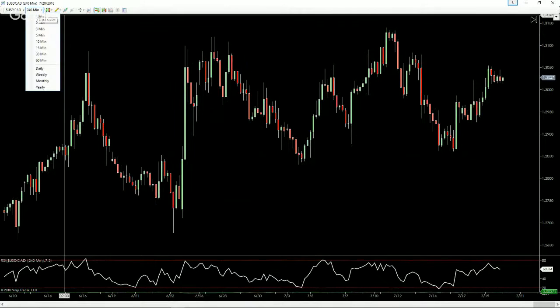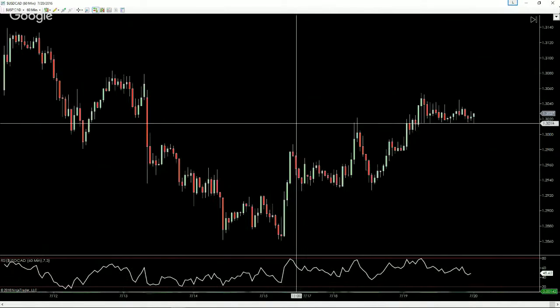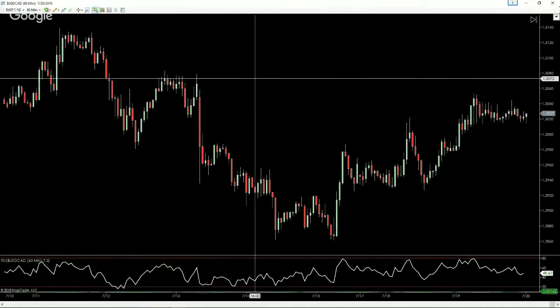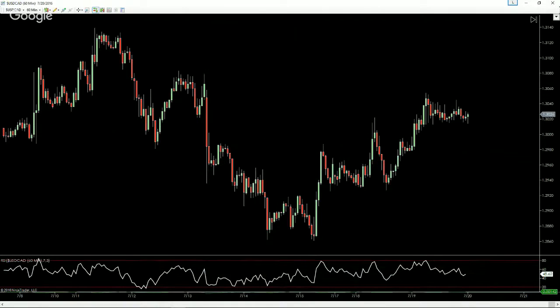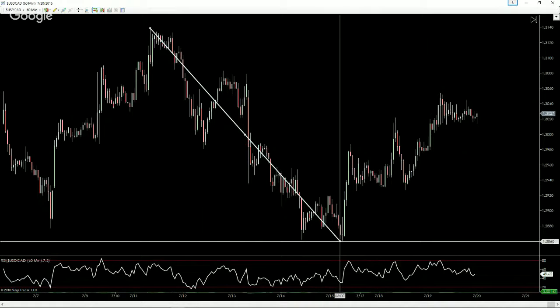Nothing really here. Let's go to the 60. All right, on the 60 now, this could be different depending on what you see on your chart. Some people would consider this as the start of the move. I, however, do consider this top right here as the high of the move.